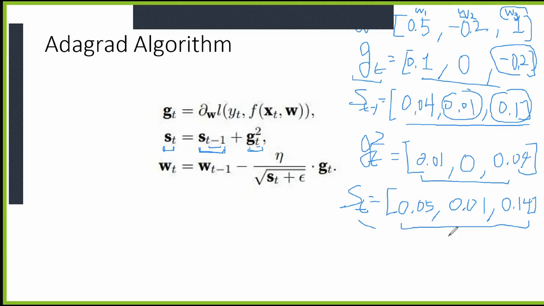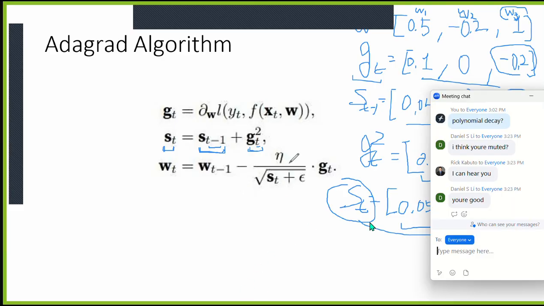Now this accumulation will be used in determining the learning rate for each weight, W1, W2, W3, through the third formula. Just looking at this vector, we see that the accumulated gradient up until timestamp t, the current timestamp, is still high for W3 and still lowest for the second weight, W2.